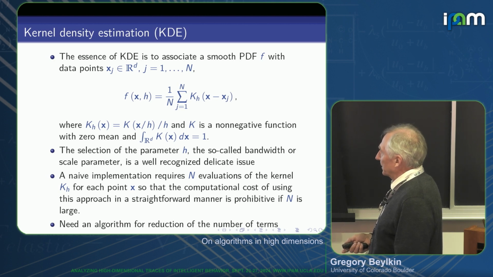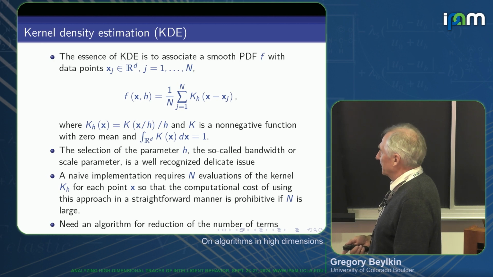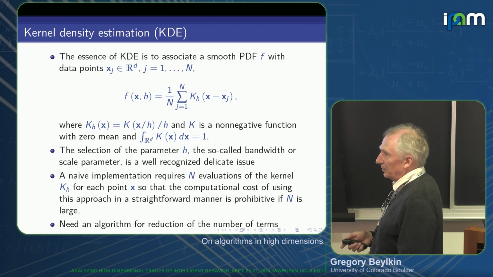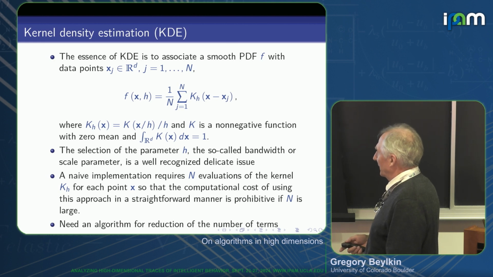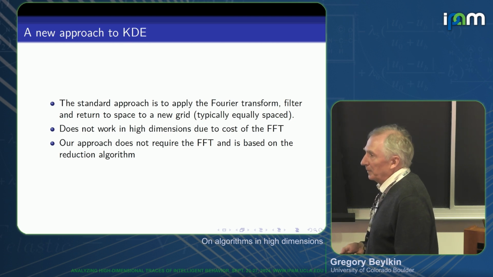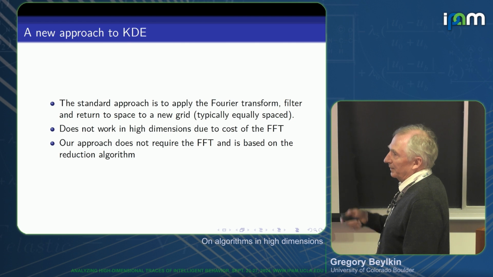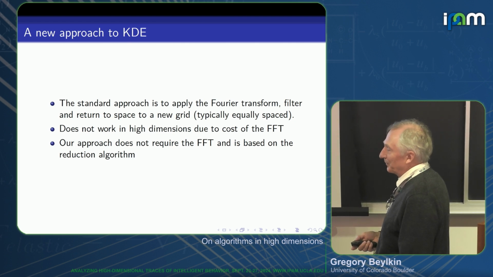The standard approach is to go to the Fourier domain, put a filter, come back, usually to an equally spaced grid, and you have it. It works. Now selection of this h is a delicate issue. I'm not going to talk about it here. As I already said, with the standard approach you do a Fourier transform, and the problem is you cannot generalize it to high dimensions because although it's a fast algorithm, in 100 dimensions it's no good.